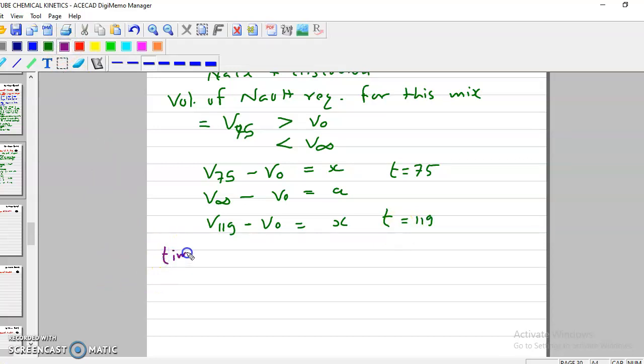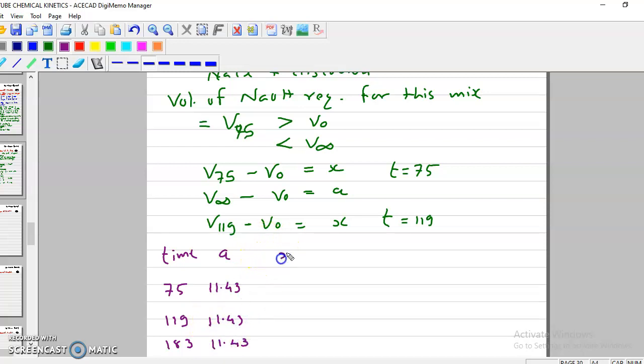The first column will be time in seconds, that is 75, 119 and 183. Small a at 75 will be 11.43. This is also 11.43, and here also 11.43, because small a remains the same.